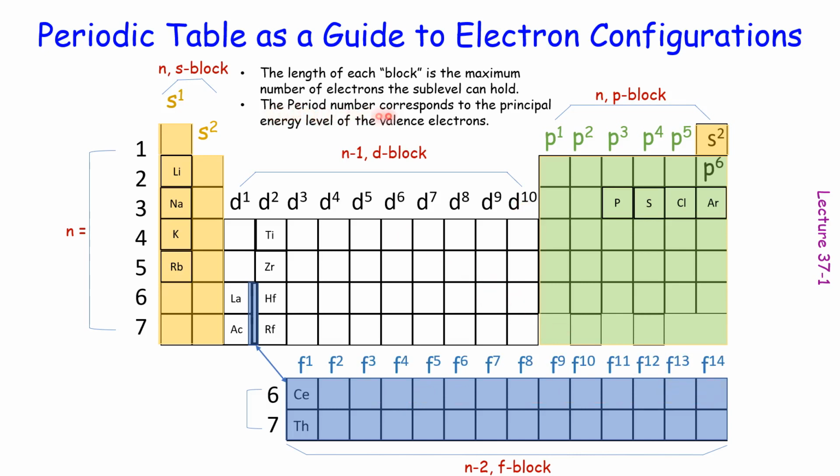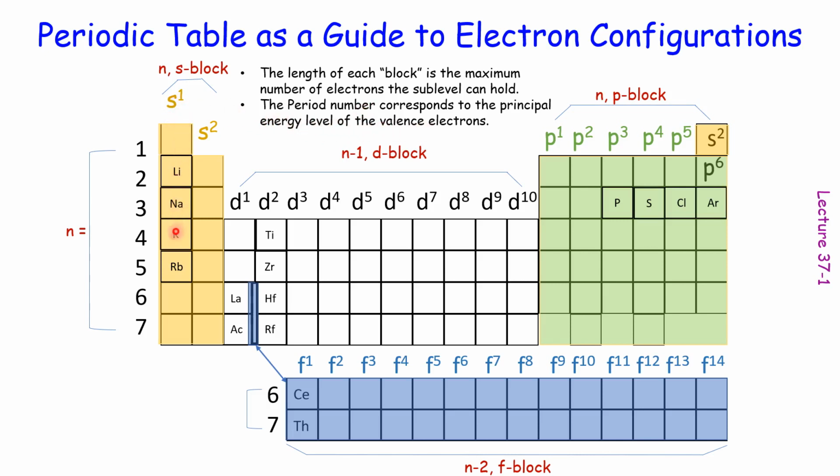The period number, like n, n minus 1 or n minus 2, corresponds to the principal energy level of the valence electrons.